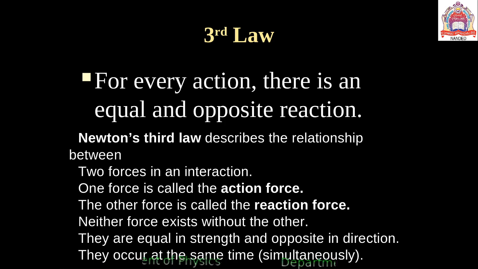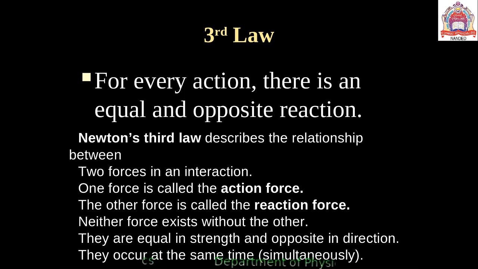The statement means that in every interaction, there is a pair of forces acting on the two interacting objects. The size of the force on the first object equals the size of the force on the second object. The direction of the force on the first object is opposite to the direction of the force on the second object. Force always comes in pairs, equal and opposite.